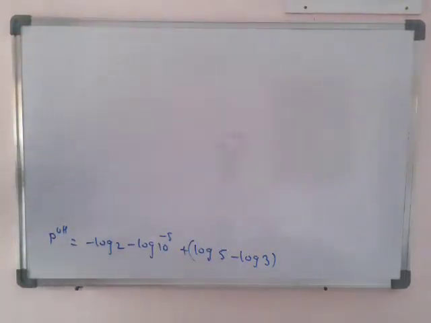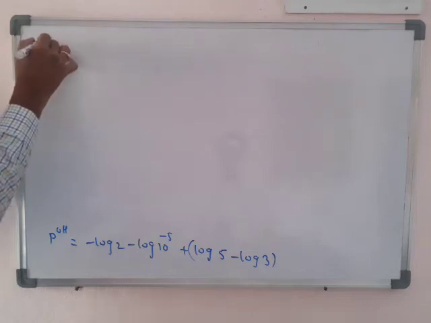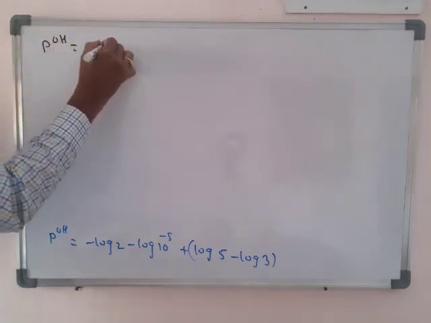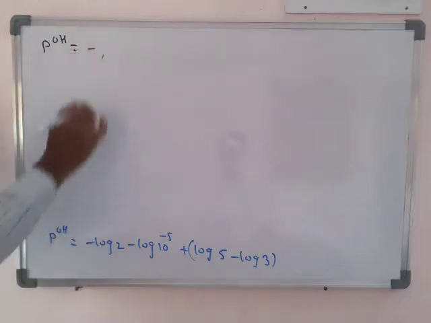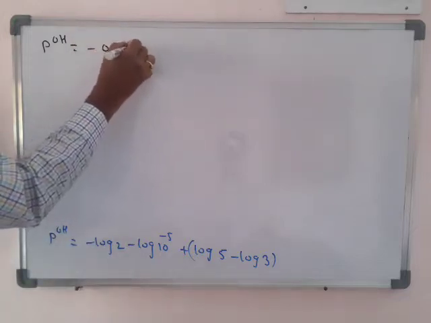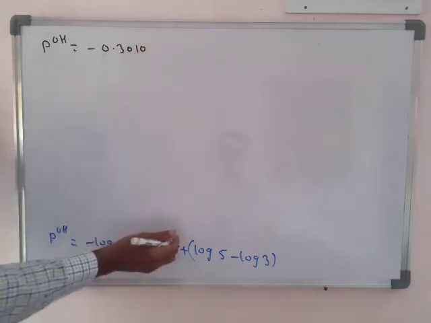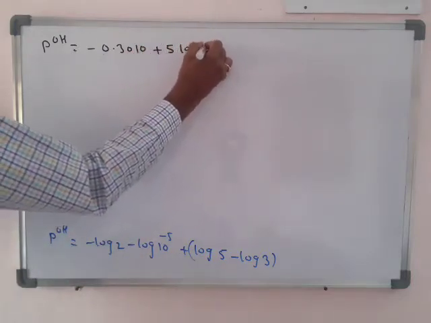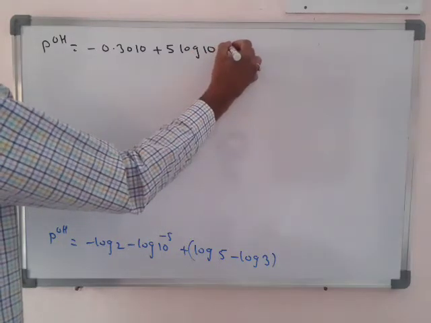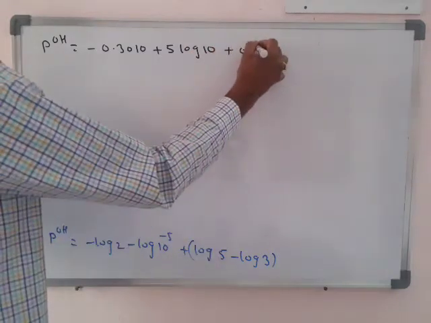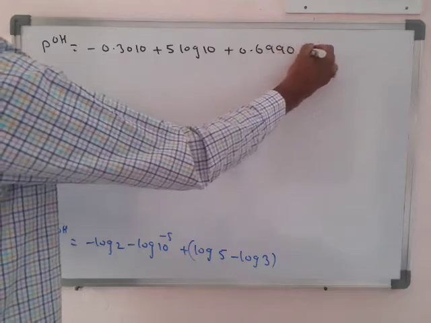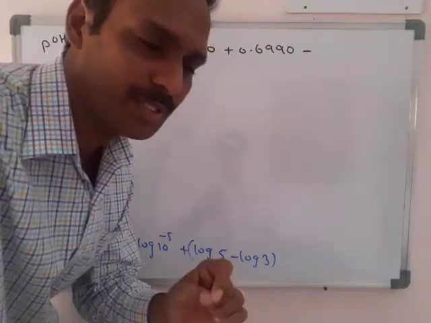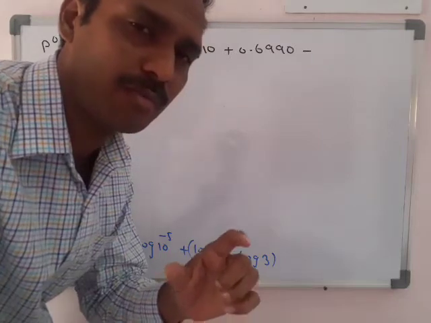So on further calculation, log 2 value, 0.3010, this minus 5 comes to the front, it becomes 5 log 10. So log 5 value is 0.6990 minus log 3. It is compulsory to remember the logarithm values from 1 to 10.